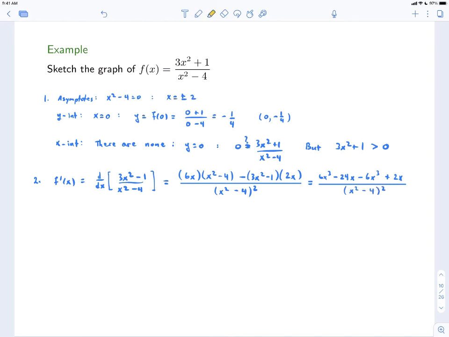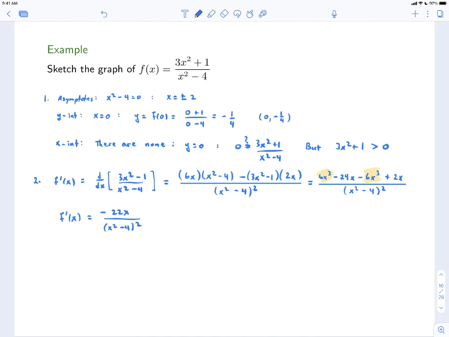We'll notice right away that this 6x cubed cancels with that 6x cubed, and we'll be left with negative 24x plus 2x. So that tells us that f prime of x is equal to negative 22x over x squared minus 4 quantity squared.